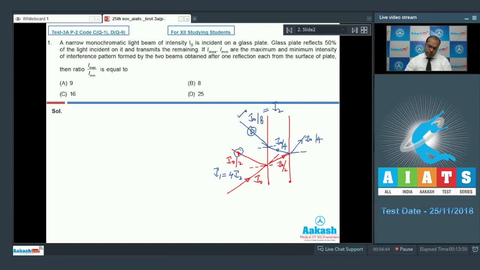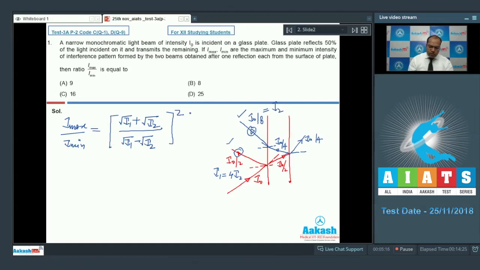Now these two beams form the interference pattern on the screen. If I take the ratio Imax by Imin, it can be written as (under root I1 plus under root I2) divided by (under root I1 minus under root I2), whole square.